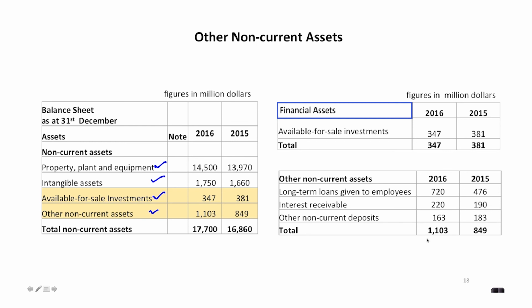Together, all the other non-current assets is equal to $1,103 million, which goes back to feeding into the balance sheet of the Ginger Company. Available for sale investments also feed into the non-current assets in the balance sheet. So, with this, we complete the practical aspect of Ginger Company's asset side of the balance sheet.